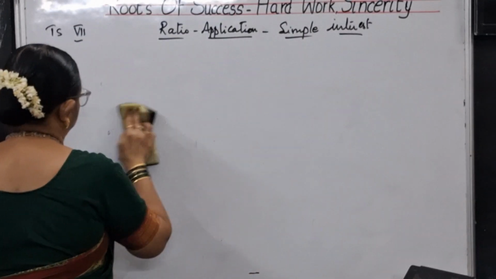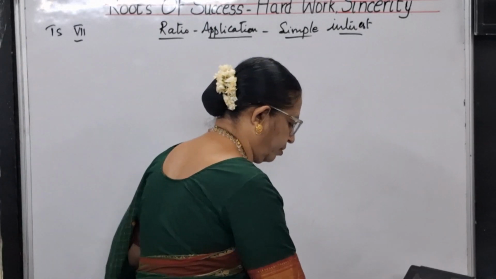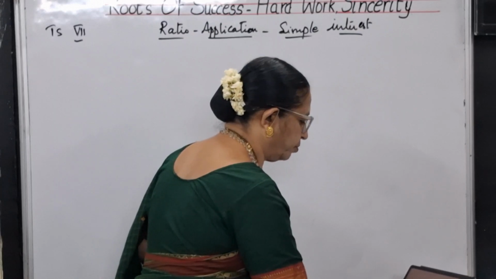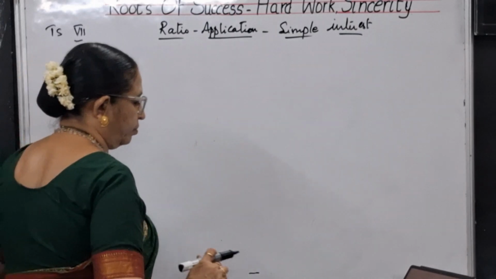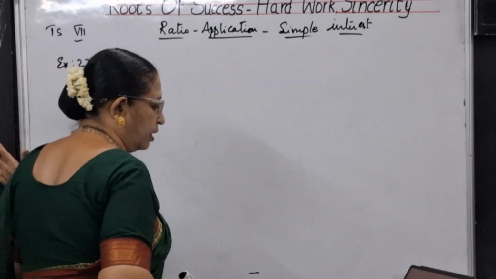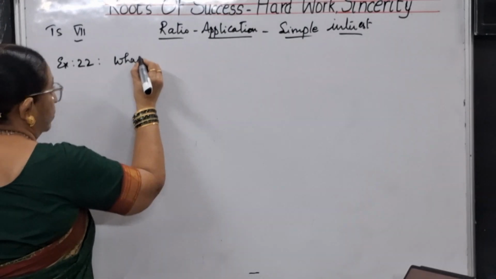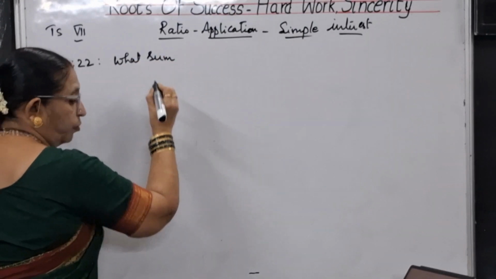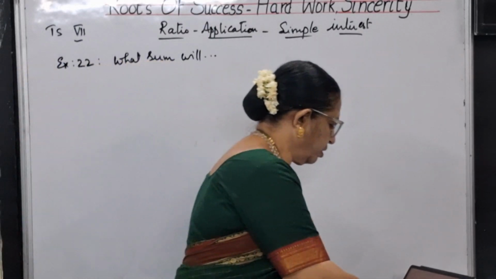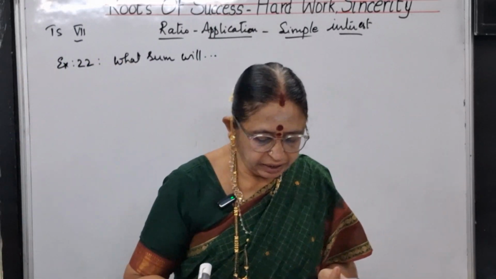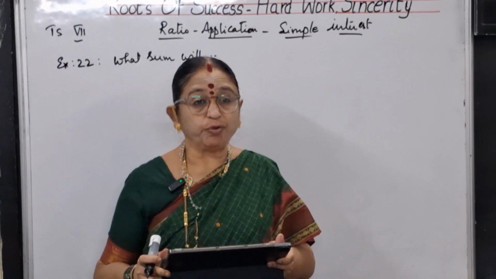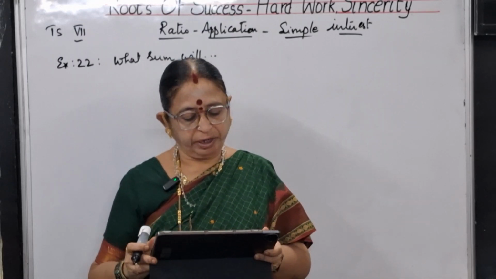Now, the next one. Example 22. The question is, what sum will yield an interest of rupees 3927 in 2 years and 4 months at 8% per annum?